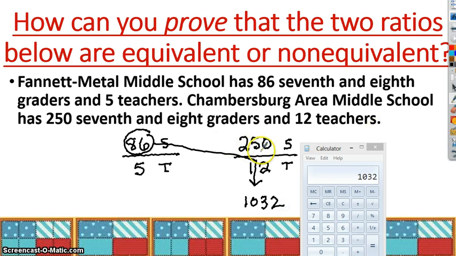And 250 times 5, I know that 4 250s gives us 1,000. So this would be 1,250 for this cross product. 250 times 5 is 1,250. So do we have equivalent student to teacher ratios? No, they are non-equivalent.